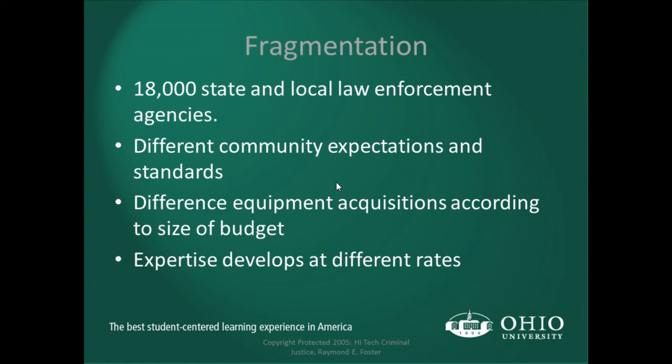And expertise develops at different rates. In Grove City, we've had maybe two or three homicides in the last 10 years, whereas the city of Columbus has had thousands in that same time period. So they might have different expertise that develops at different rates because of their experience and involvement in more of those situations.